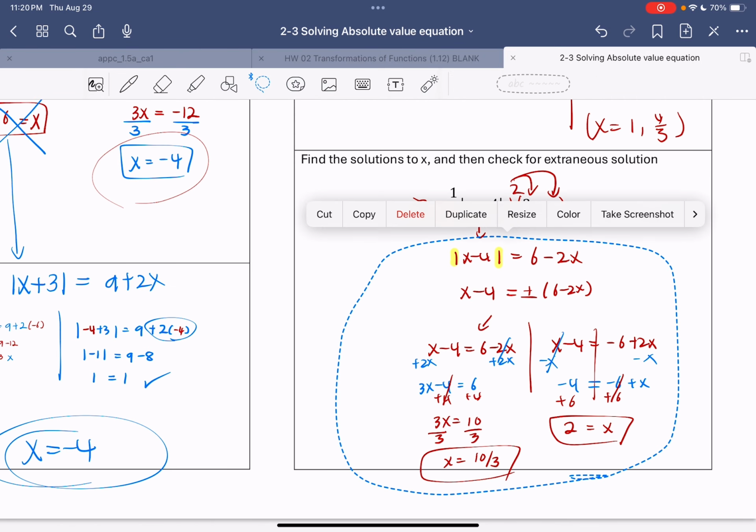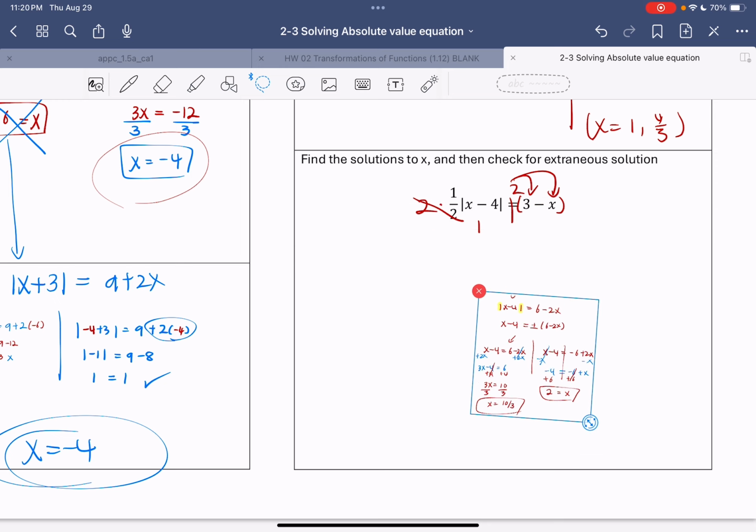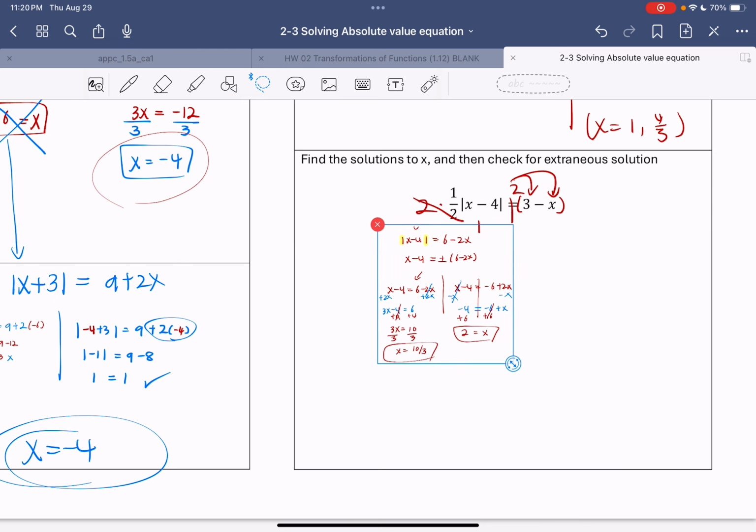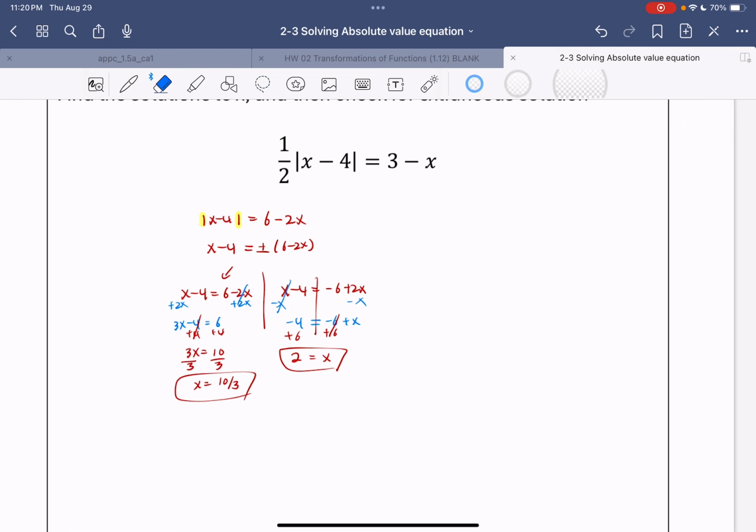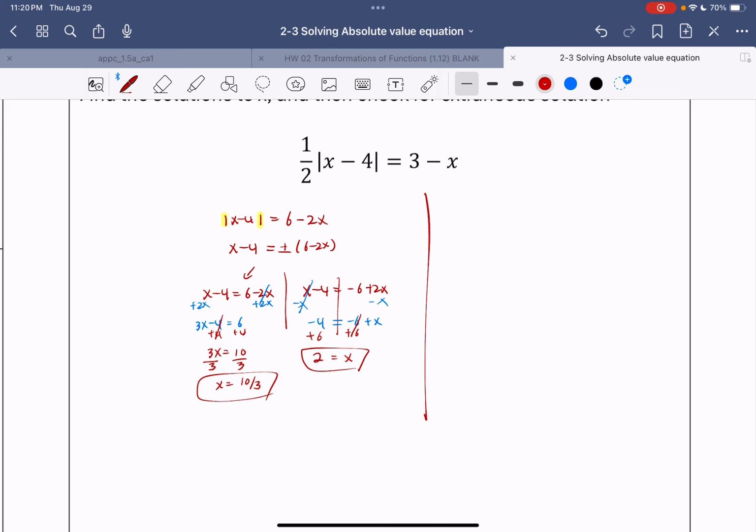So I will resize everything here. So let's put this one into decimals, okay? Now, when you're putting into decimals, make sure you put these numbers into decimals, okay? So it's gonna be 1/2. Instead of x, I'm gonna put 10/3 minus 4 equals 3 minus parenthesis 10/3, like that, okay?